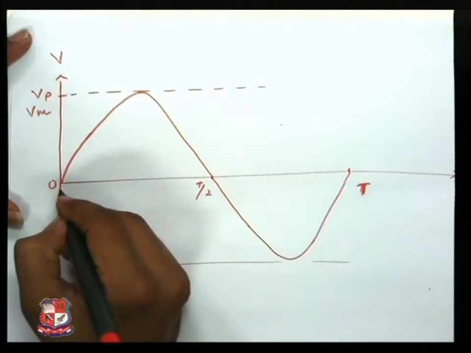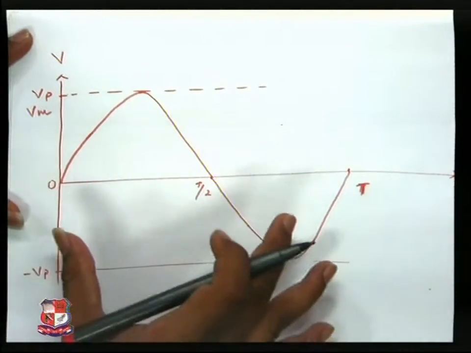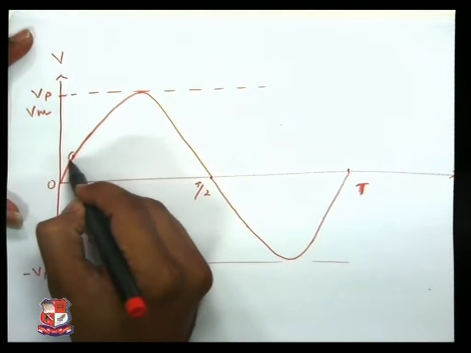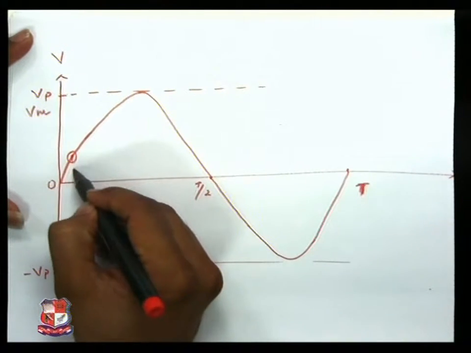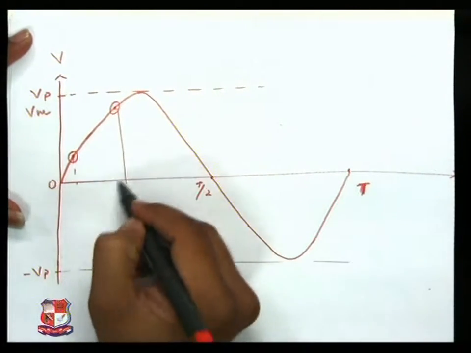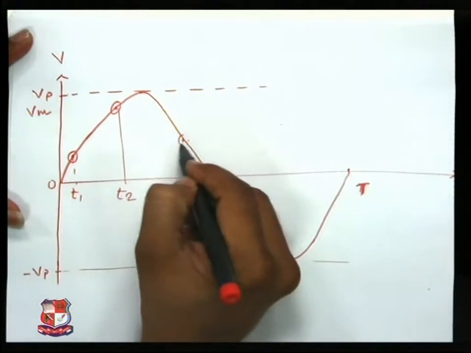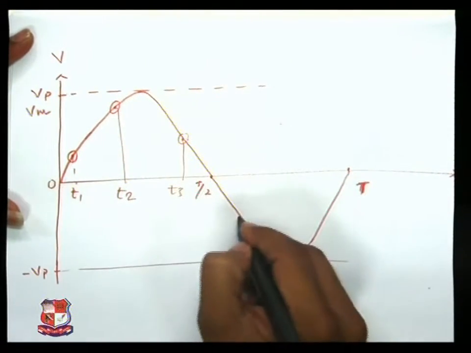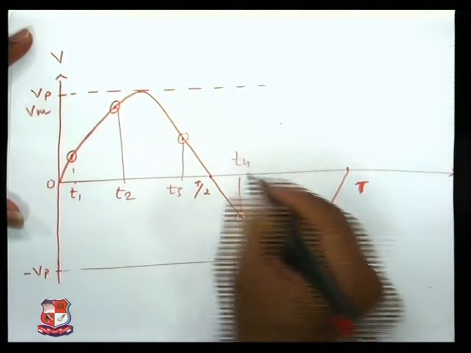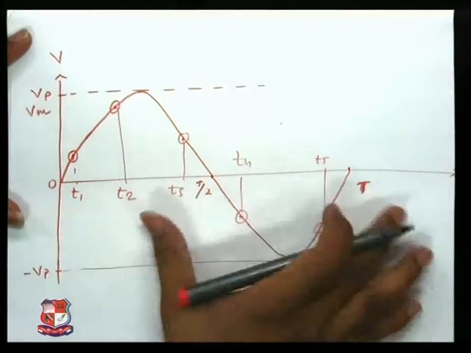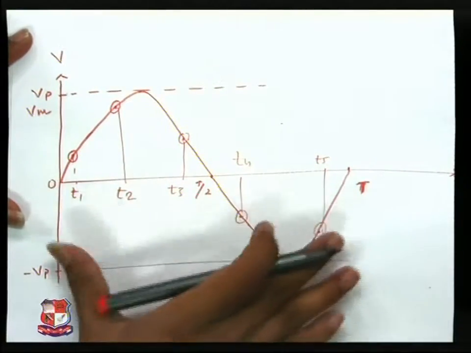Here what happens, the signal travels from 0 to T, but with different kinds of intervals. The value at that instant differs from the value at this instant. So you can see that this is t1, this is t2, this is t3, now this is somehow t4, this is somehow t5. So all those instants have different values.